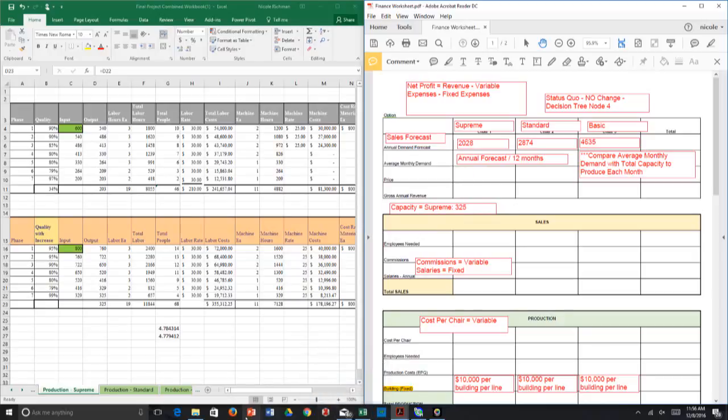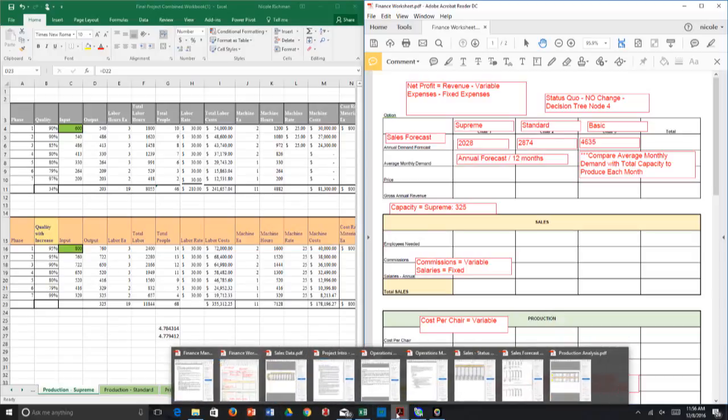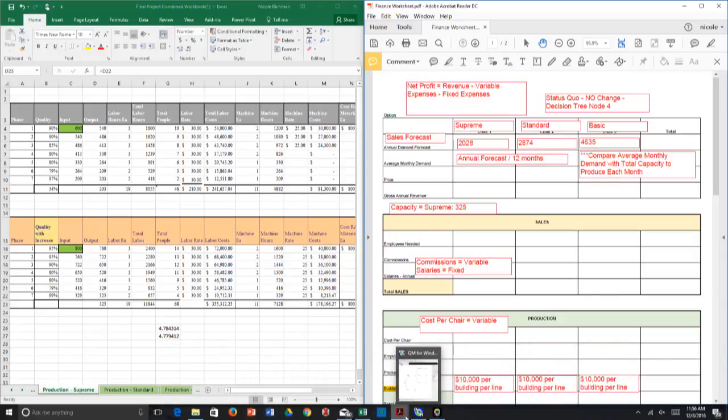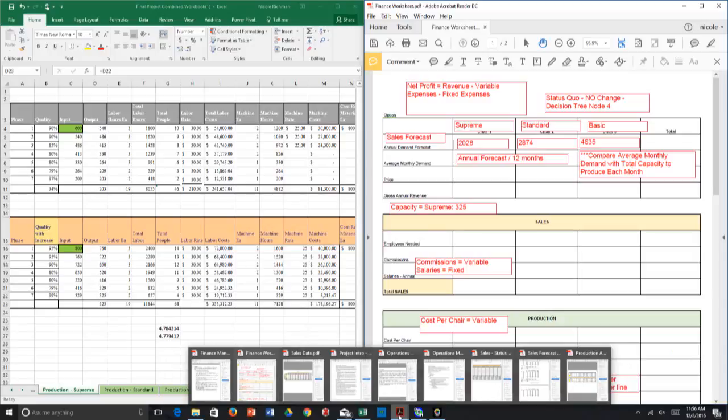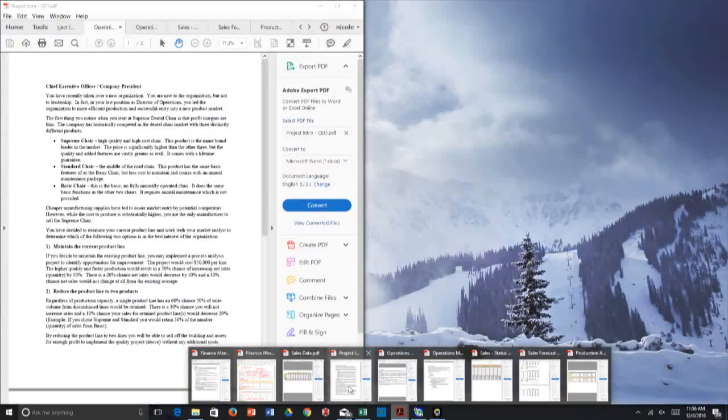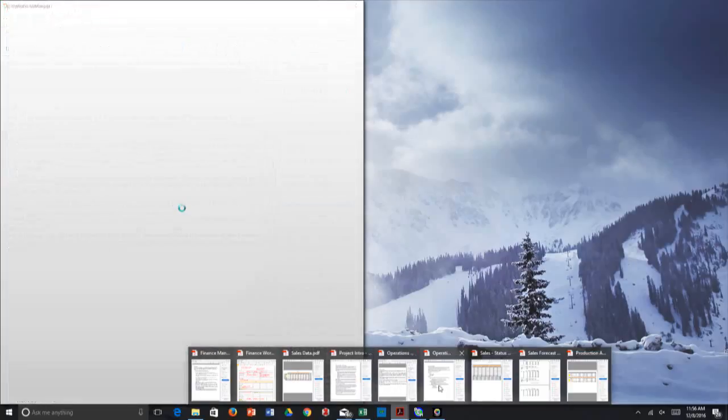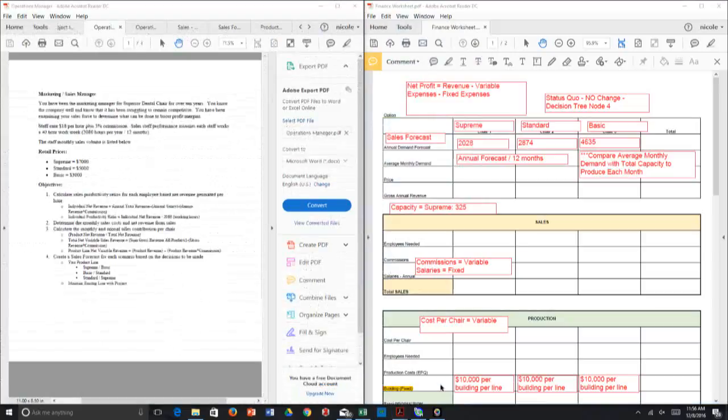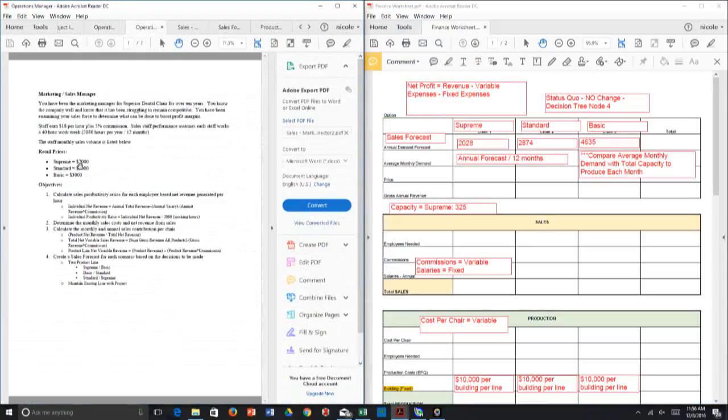Our price for each chair comes from our instructions, from our sales instructions. So we want to go back to those sales instructions. There we go. And it says our Supreme was 7,000, 5,000, and 3,000. So here we're going to put in the price for our Supreme chair, which is $7,000.